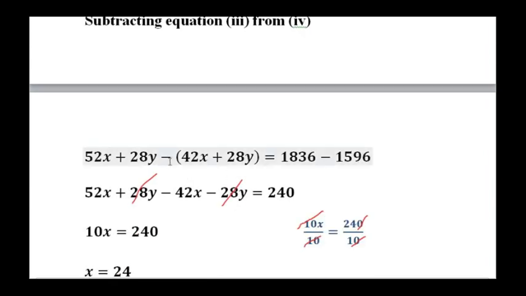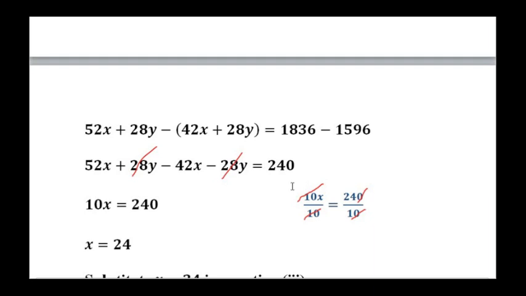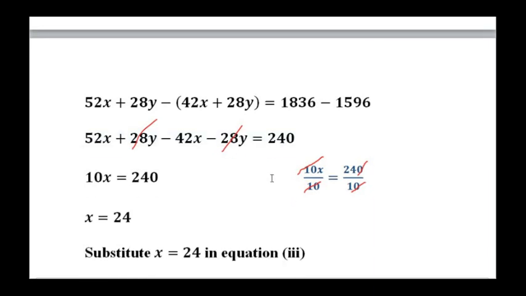Next step is to multiply this negative sign by positive 42x and positive 28y. We get 52x plus 28y, negative times positive 42x is negative 42x, negative times positive 28y is negative 28y. On the right side, subtracting 1596 from 1836, we get 240.